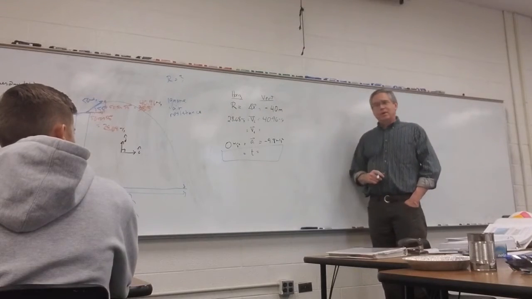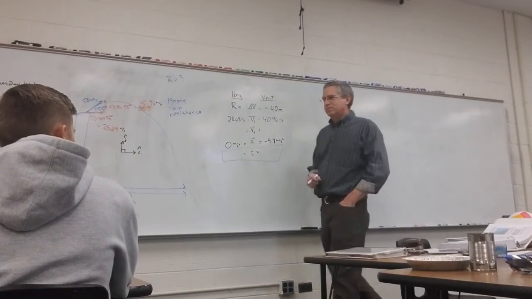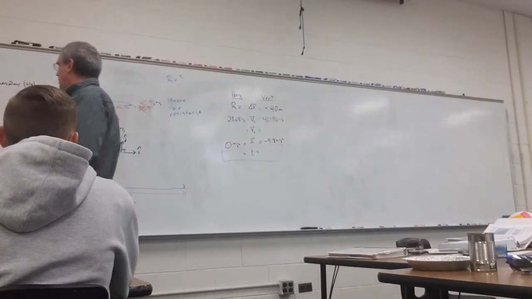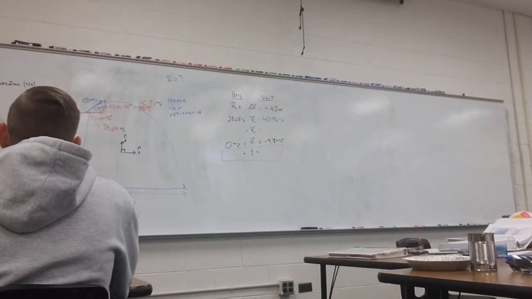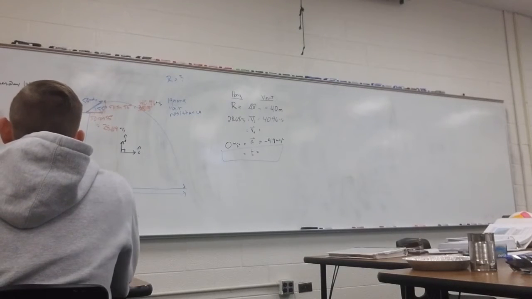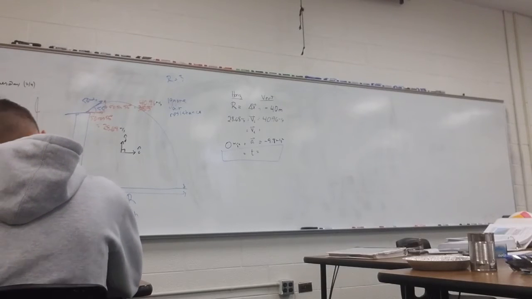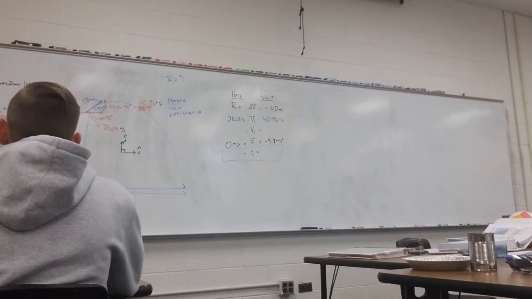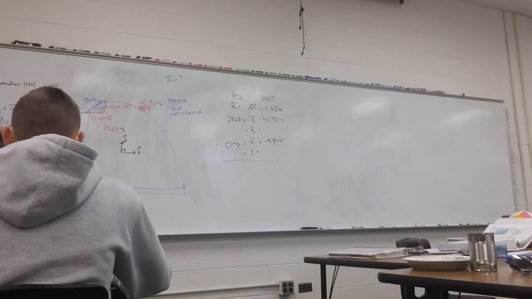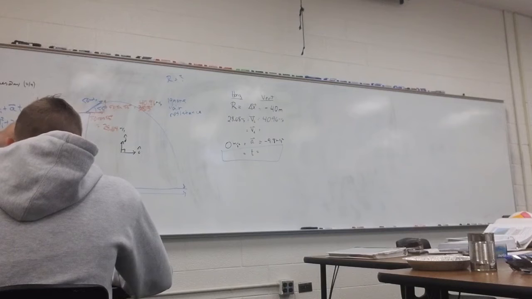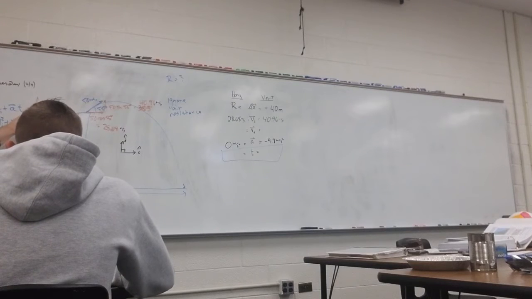So, the kinematic formulas. As a refresher, we have VF equals VI plus AT for the vector symbols. We have VF squared equals VI squared plus 2A dot delta X. And then we have the 2 displacement ones.